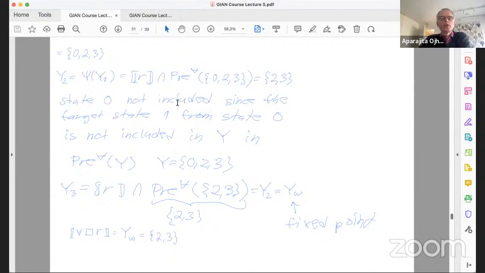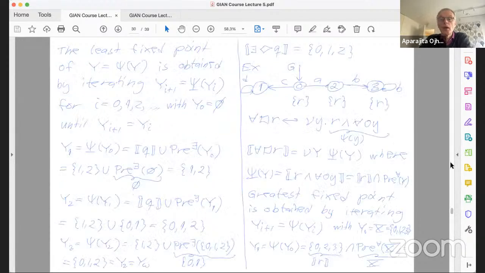Okay, the rule was that all target states from state 0 must be included in Y. Sorry. So when I stay in this state and I see that the target states from this are 1 and 2.